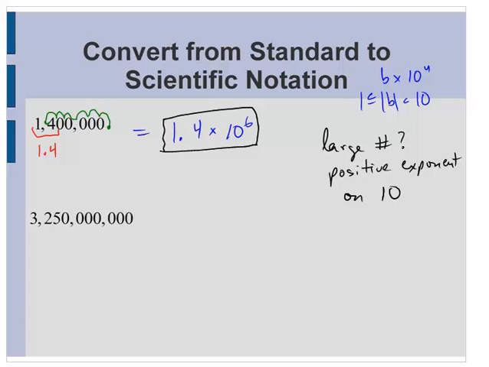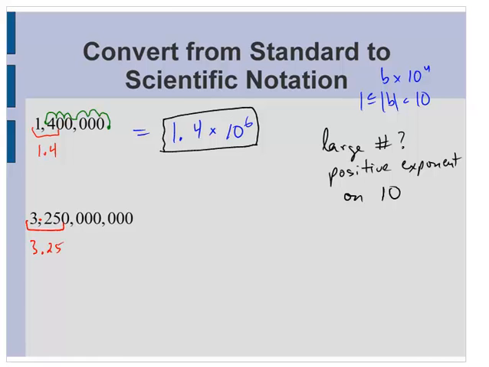Why don't you try the other one on your own? All right, so we have 3,250,000,000. Again, my first step is to find a number between 1 and 10 out of this. Well, right there, 3.25.